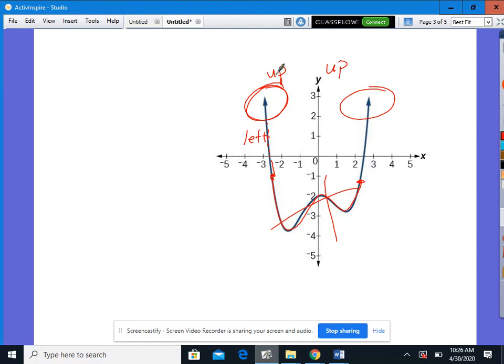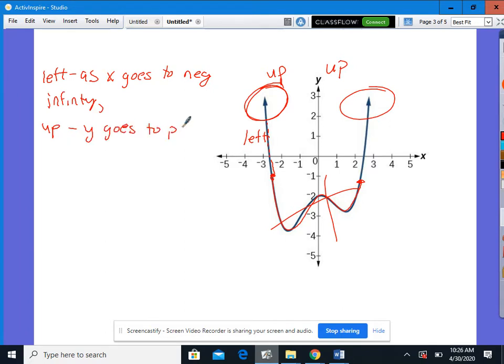So if you remember left and up, how do we describe left and up? Well, how we described left was to say as x goes to negative infinity, and it's also going up, so we have to describe the up. So as x goes to negative infinity, y goes to positive infinity.